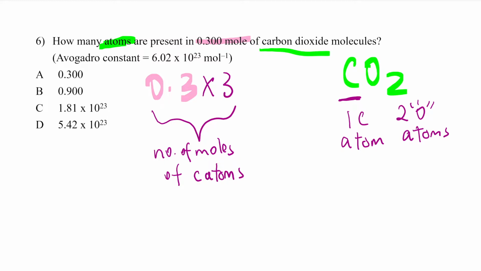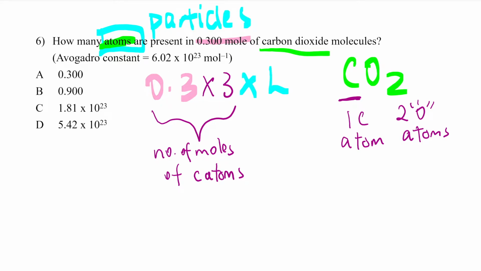Now they're asking you about the number of particles. This is the particles that they're asking. Particles. So in other words, you need to times it by L, which is 6. Oh, this time you're asked to find the actual answer. So maybe I'll write the actual answer here.